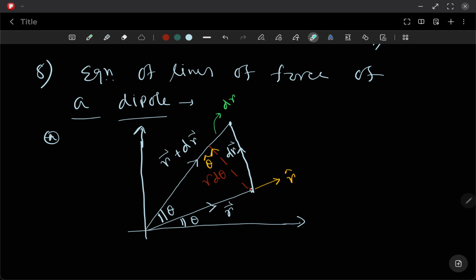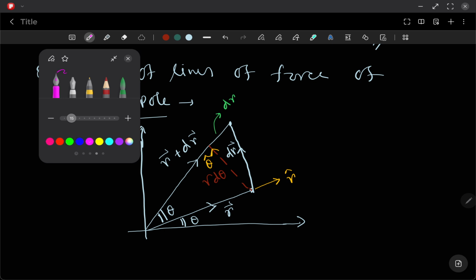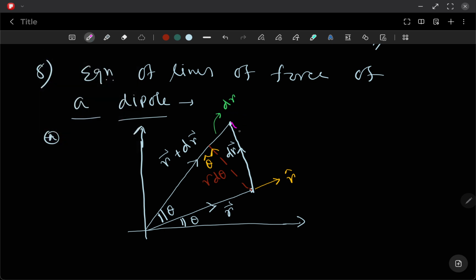Now if I complete this parallelogram, dr is the diagonal. Clear? I am getting one vector here and another vector here, so the resultant of these two vectors will be dr, the diagonal.